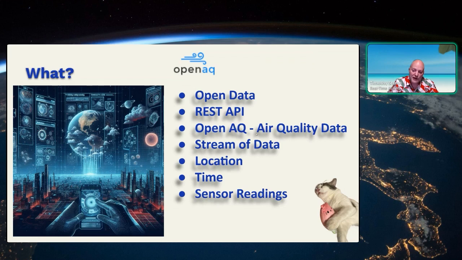And this OpenAQ air quality data is everywhere. There are a lot of people who are pushing up their data publicly to share it with the community. And I have some air quality sensors and I push them up on occasion as well, especially if the air quality is going bad, like we had last year with some forest fires.